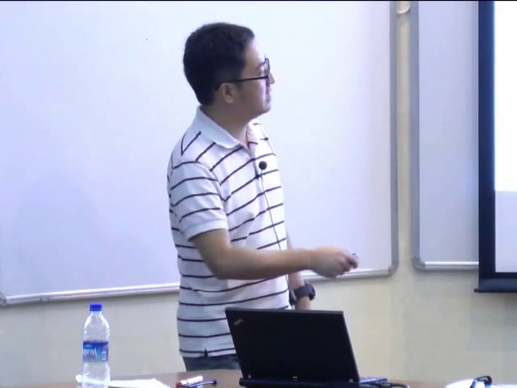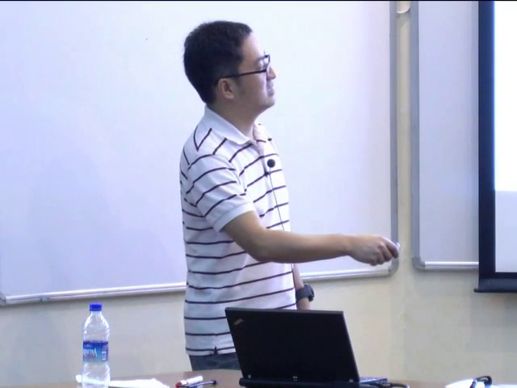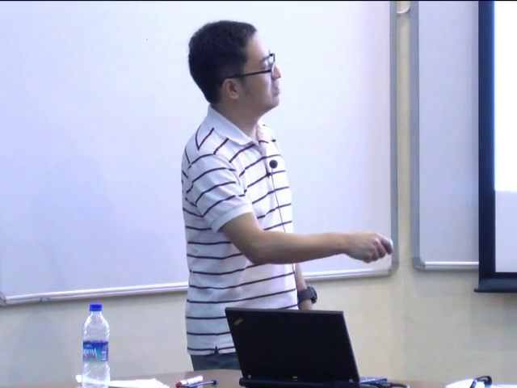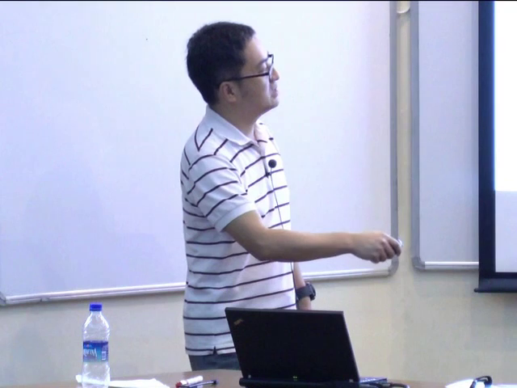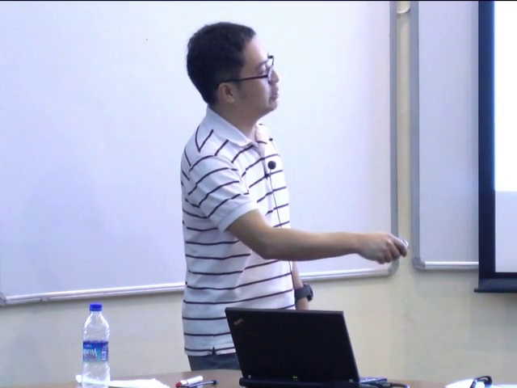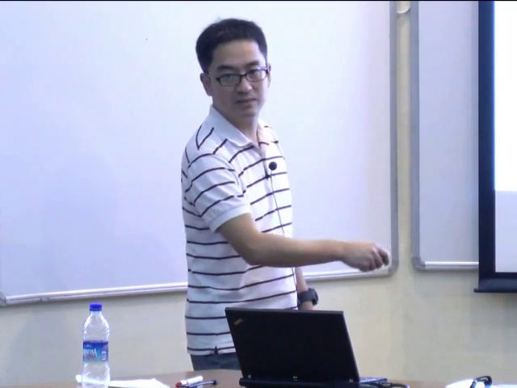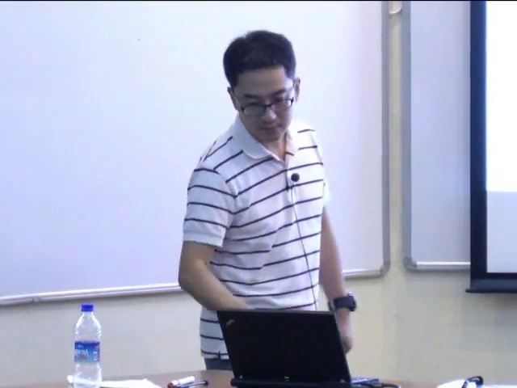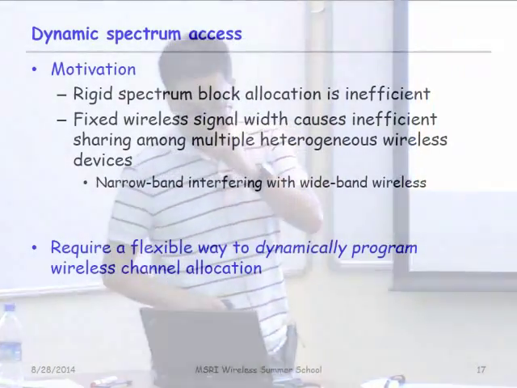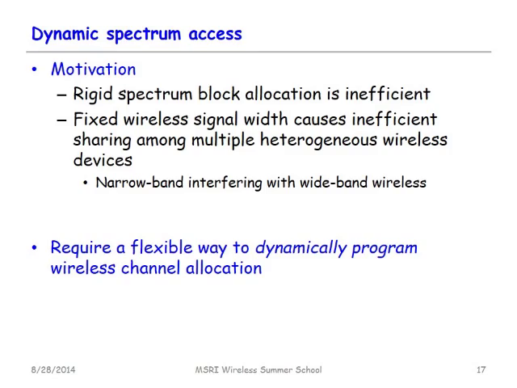Ideally, we want the Wi-Fi signal to shape its channel to follow this red mask instead of this one. This requires quite a flexible mechanism to do the channel allocation on the fly, because it's changing over time.